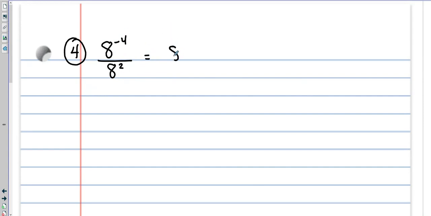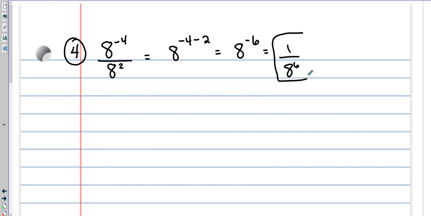So we're going to do 8. Now remember, this goes first, so it's negative 4 minus 2. So we end up with negative 4 minus 2 is negative 6. And if this is one of the answers in the multiple choice, you can select it. If it says to keep your exponents as positive exponents, then we're going to go ahead and move it to the bottom. And this is our correct answer.